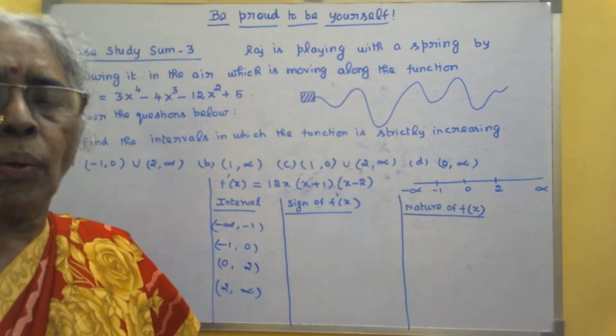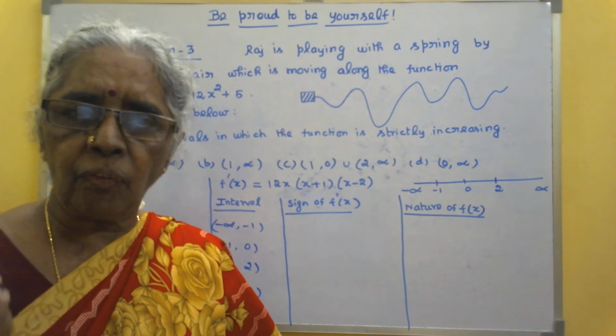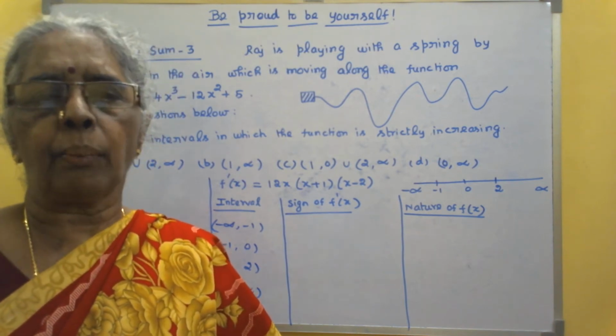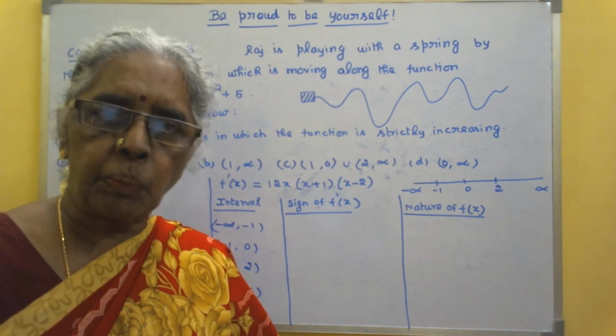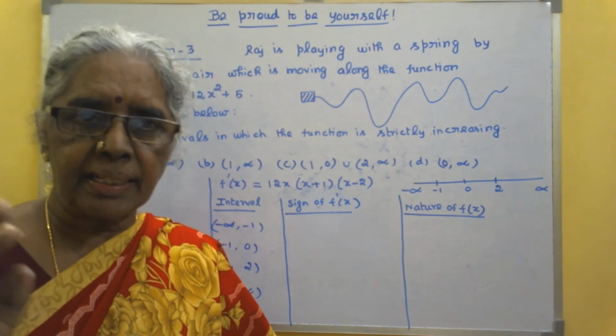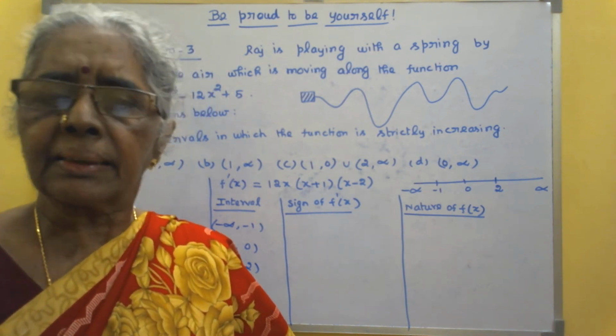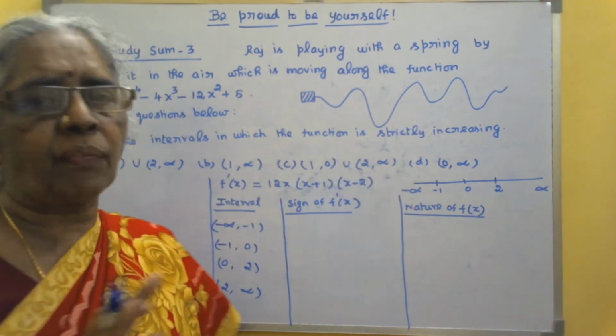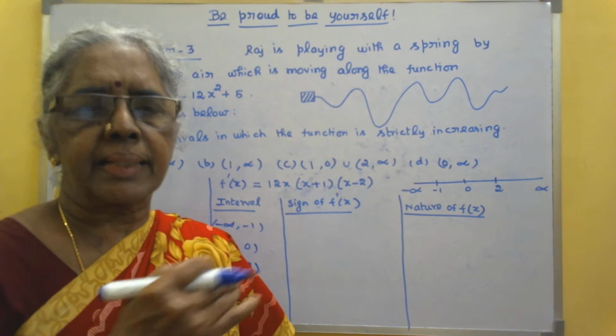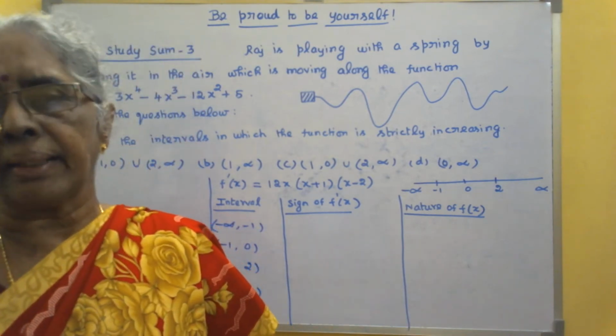These are the 4 intervals. Now I have to find in each interval what is the sign of f dash of x, whether it is positive or negative, that is, whether it is greater than 0 or lesser than 0. Depending upon that will be the nature of f of x, whether it is strictly increasing or strictly decreasing.